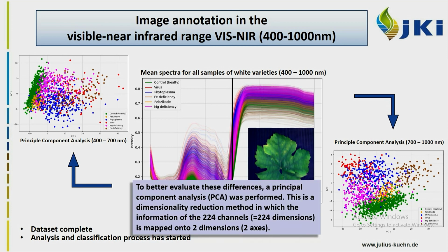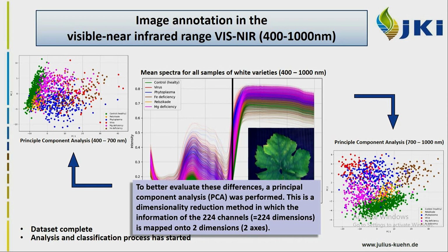To better evaluate these differences, a principal component analysis, called PCA, was performed. This is a dimensionality reduction method in which the information of the 224 channels, corresponding to 224 dimensions, is mapped onto 2 dimensions. This is what you see in the two plots or graphs here on the right hand and on the left hand.